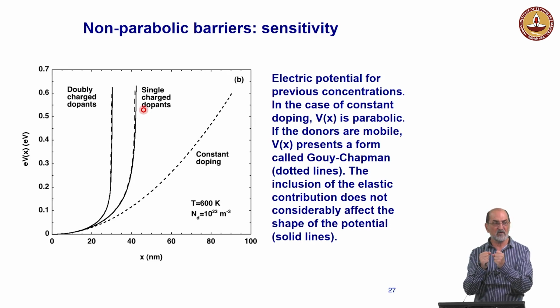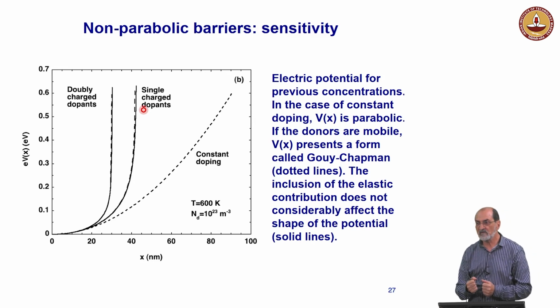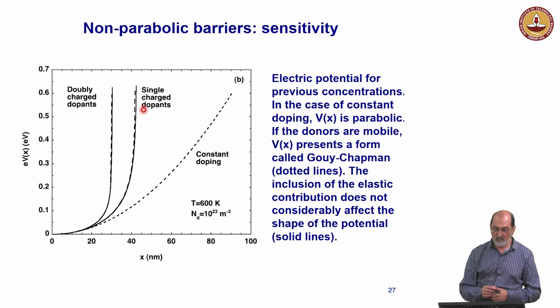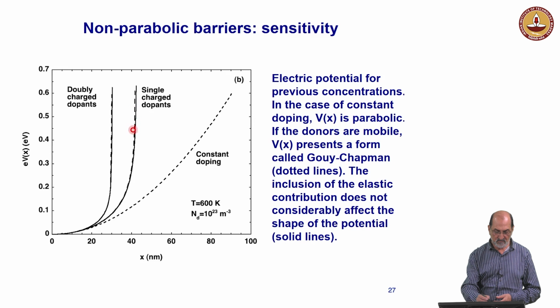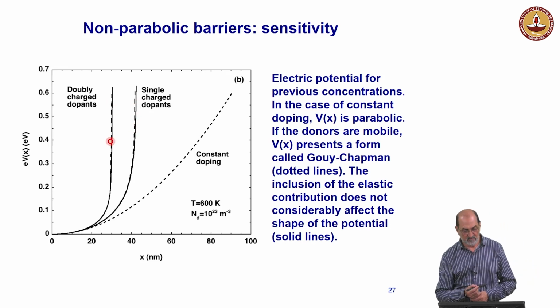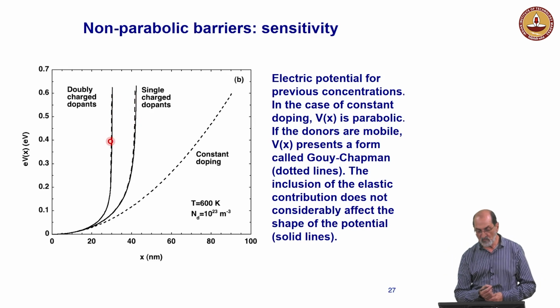If they are very close, the total energy starts going up, and that would be a way of stopping the formation of vacancies. We included that, and it changed significantly the density of vacancies, but it did not change significantly the shape of the potential. The potential is really very abrupt. See, here we have the straight line and the dashed line corresponding to the solution with or without that elastic contribution.